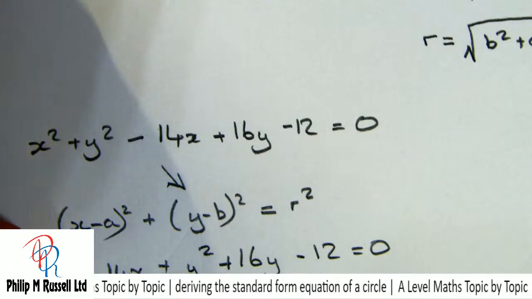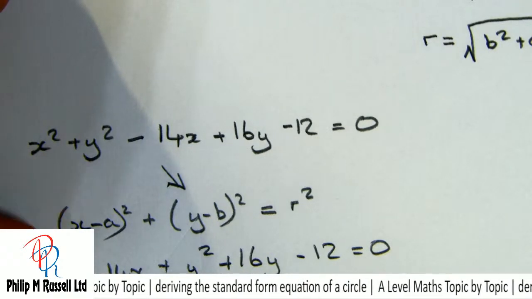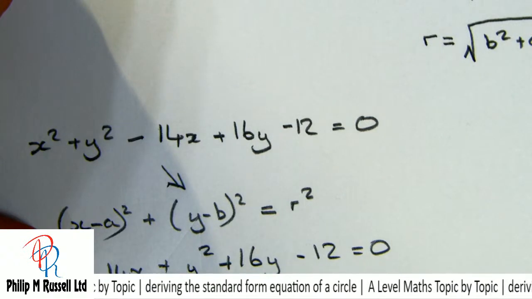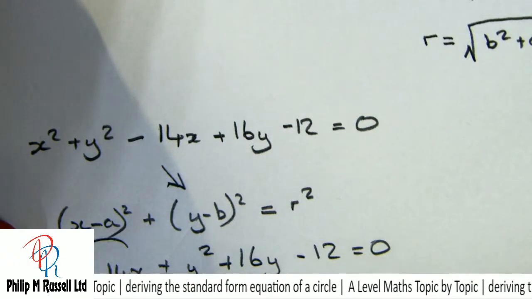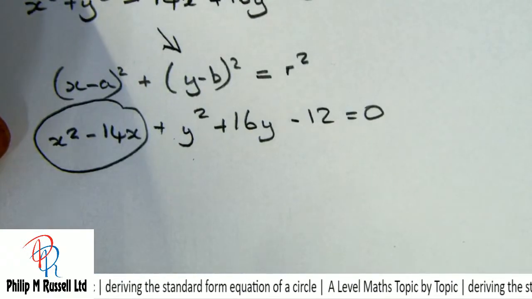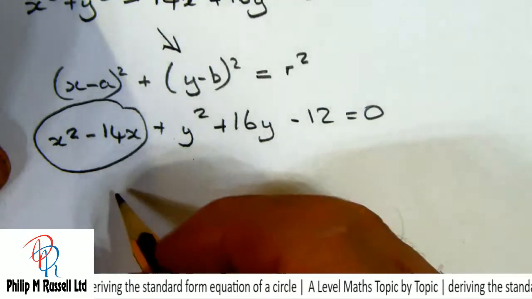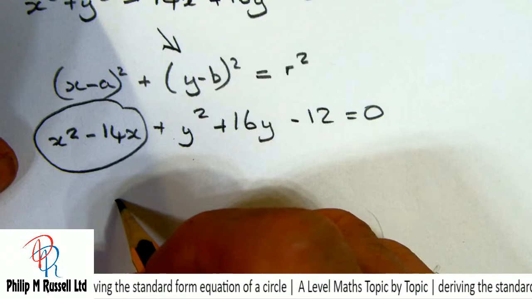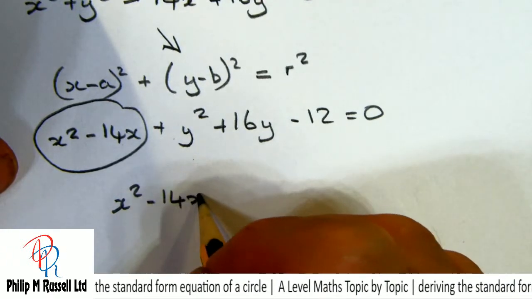Now let's see if we can resolve this problem by completing the square. So we've got x squared minus 14x.